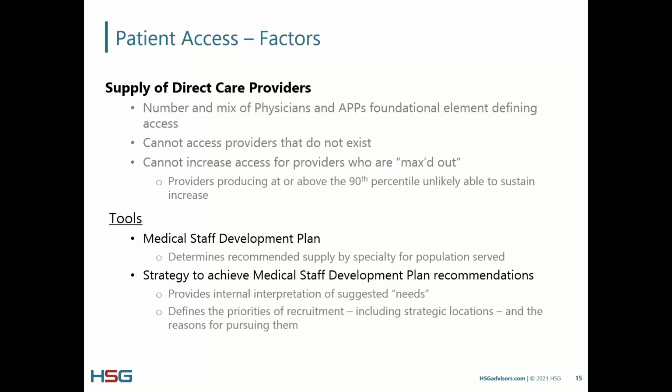This is really important because the medical staff development plan may not show a need, but you want to strategically enhance a service line, and so need to target that to increase your ability to provide that level of service. So supply, very important, and a mechanism to do it through the medical staff development plan and the physician strategy or provider strategy to fulfill the medical staff development plan recommendations.